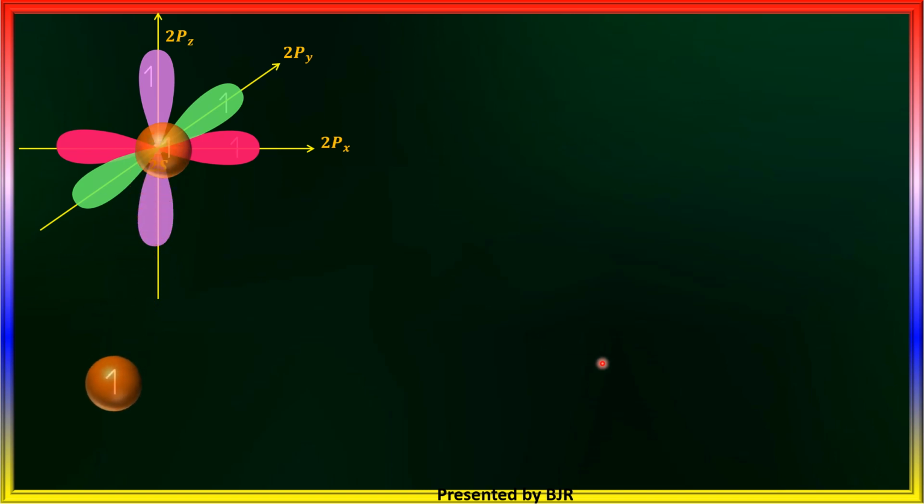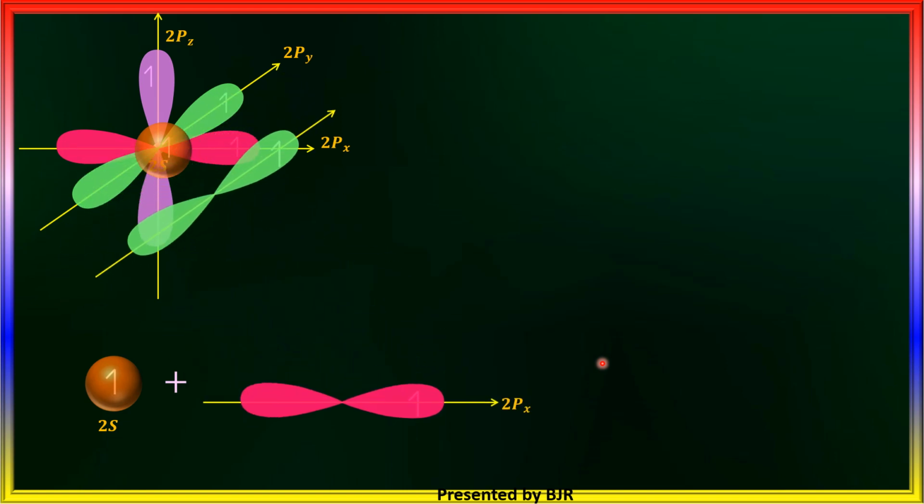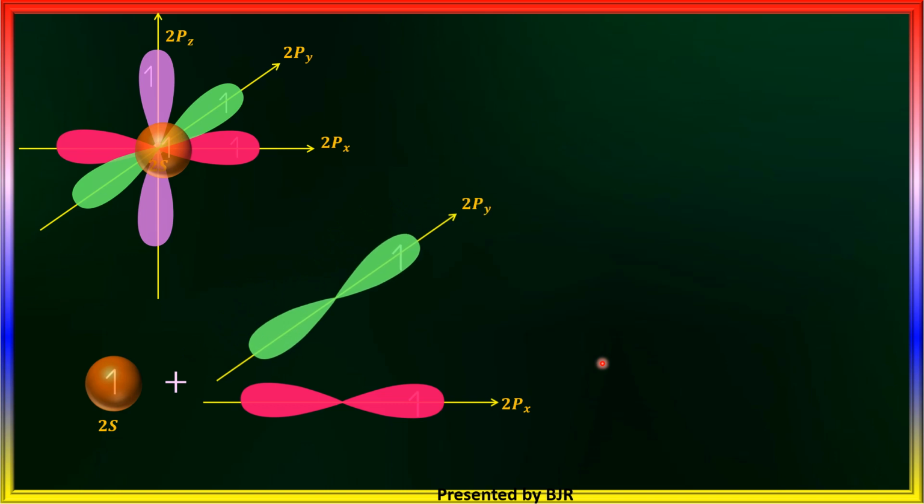See here, 2s orbital plus 2px orbital and 2py orbital. So these three orbitals will intermix and reshuffle to form three identical orbitals.